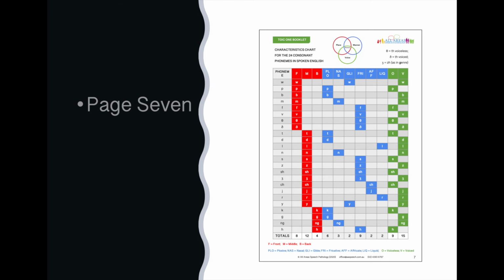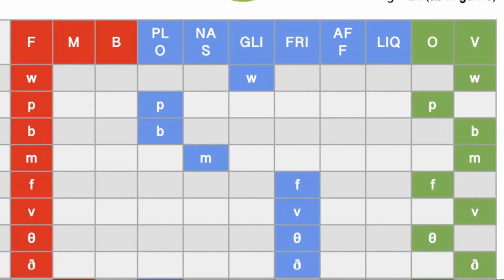Page 7 is now a summary of that, where we can look at each phoneme and see the characteristics. Let's have a look at the 8 front phonemes, and I'm going to put a star as we go. W. We can see it's a front phoneme, it's a glide, and it's voiced.